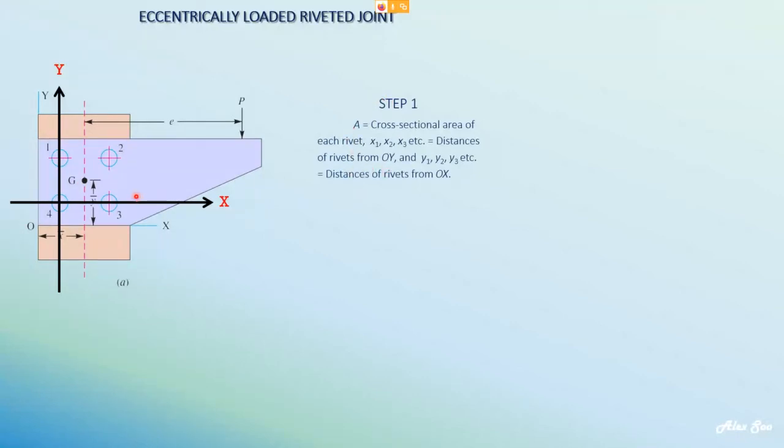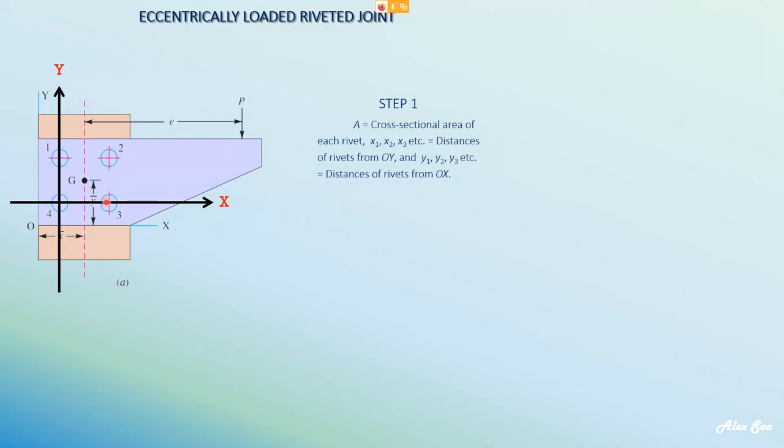Then you have to know the distances x1, x2, x3, and x4, and also y1, y2, y3, and y4. How do you measure them? From the reference axis x, you measure the vertical distance to rivet 1. From here to rivet 1 is your y1. From the axis to the center of rivet 2 is your y2.